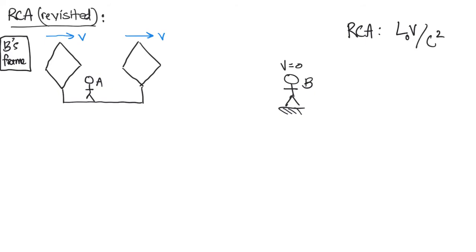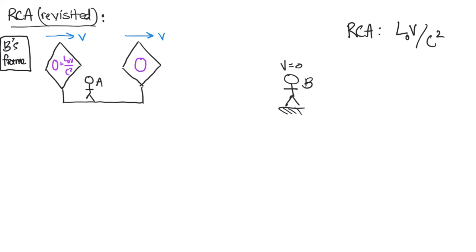So let's say, for the sake of argument, that the reading on this front clock is 0. That means the reading on the back clock is 0 plus L naught v over c squared. Whatever the front clock reads, the back clock reads more, a higher number by L naught v over c squared.